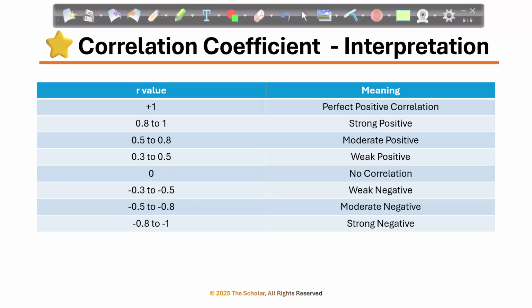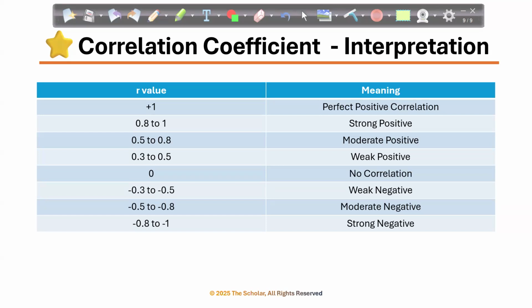Here you can see the meaning of it. If the correlation value is more towards +1, it's a perfect positive correlation. If it is between 0.8 to 1, strong positive correlation. 0.5 to 0.8, moderate positive correlation. 0.3 to 0.5, weak positive correlation. 0, no correlation. -0.3 to -0.5, weak negative correlation. -0.5 to -0.8, moderate negative correlation, and -0.8 to -1 is a strong negative correlation, right?